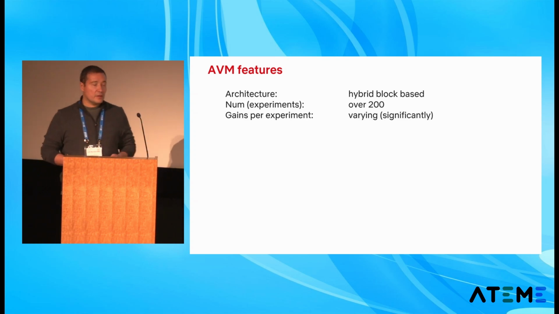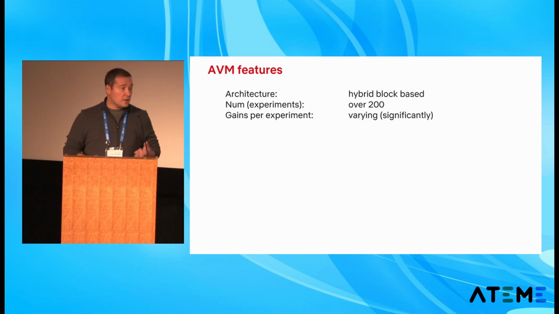So what are the AVM features? The architecture is a hybrid block-based one, so the same architecture that has been fueling the development of video codecs for quite a while now. This code base currently has over 200 new experiments, and an experiment doesn't necessarily need to be a new coding tool. Sometimes it's a new coding tool, and sometimes it's a change of an existing tool.